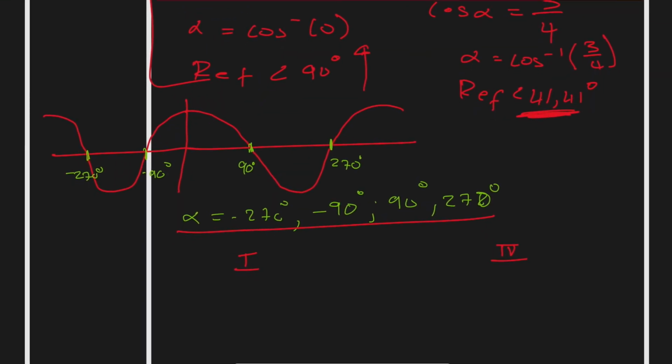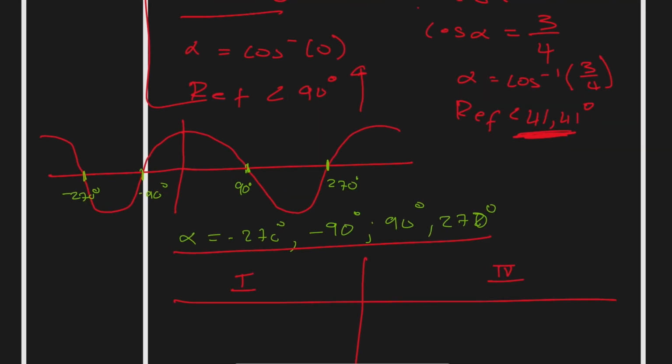Then we're going to get our solutions. The first solution is going to be where alpha is equal to the reference angle, 41.41 degrees, plus k times 360, and we know that k is an element of integers. The second thing is that on the fourth quadrant, we also have minus alpha.